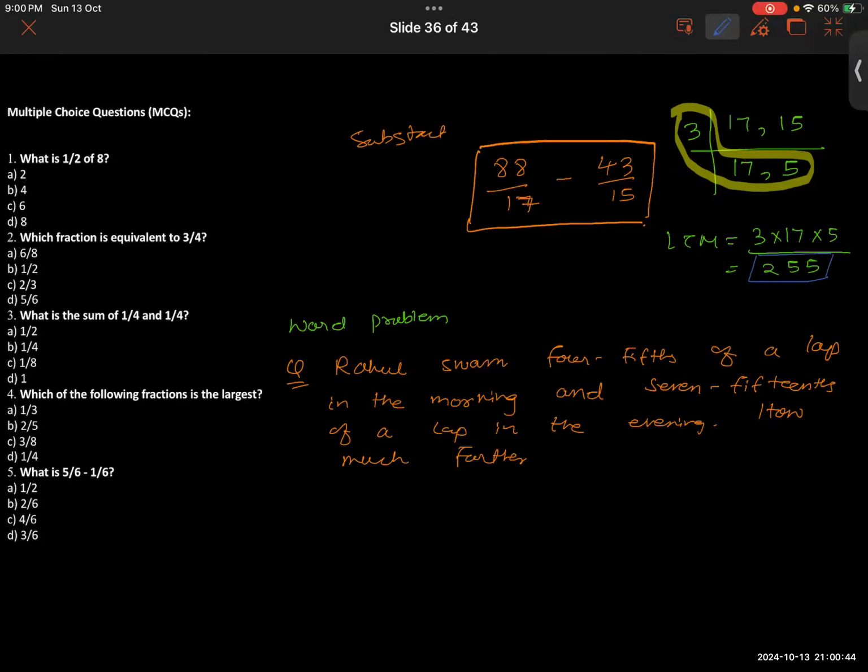Okay, now continuing further, 88 upon 17. So we have to equate the denominator to 255. Now how will I find it out?